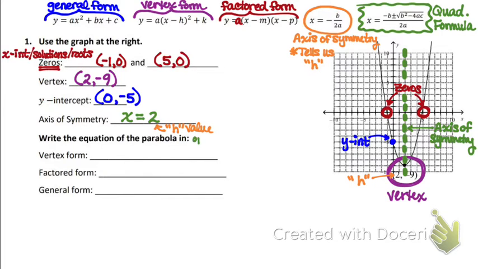So this opens up, which tells me that the A value is positive. For today, for this example, we're going to make an assumption here. We're going to assume that our A value is equal to 1. I know it's a positive because it opens up like a cup. We're just going to assume that it equals a positive 1.